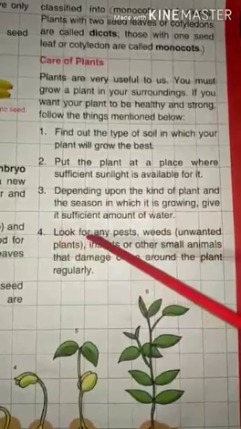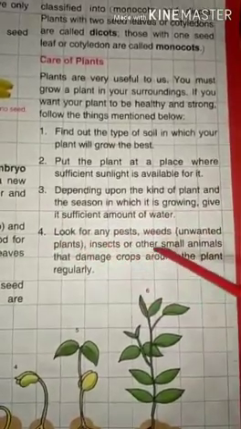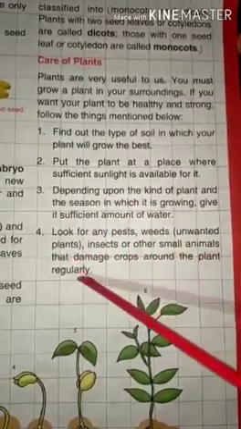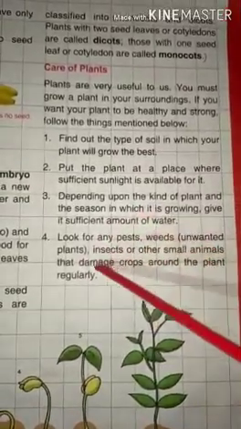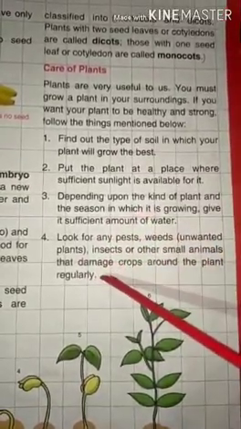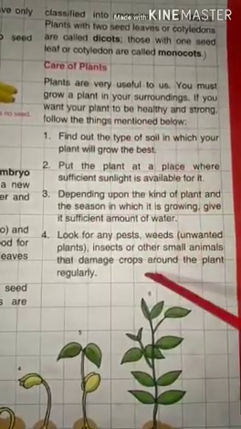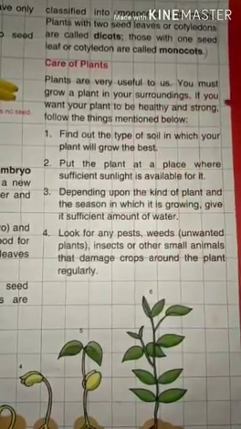Number 4, regularly look around the plants for any pests, weeds, unwanted plants, insects or other small animals that damage crops. Okay? In this way you can care for your plants so that they can grow healthy and strong.